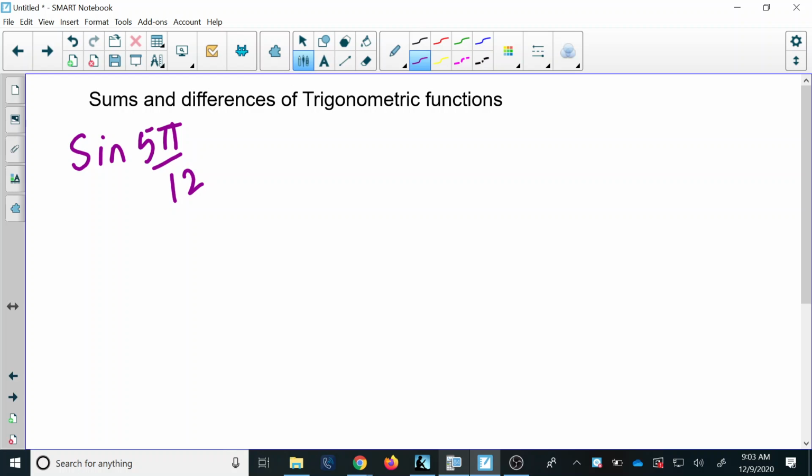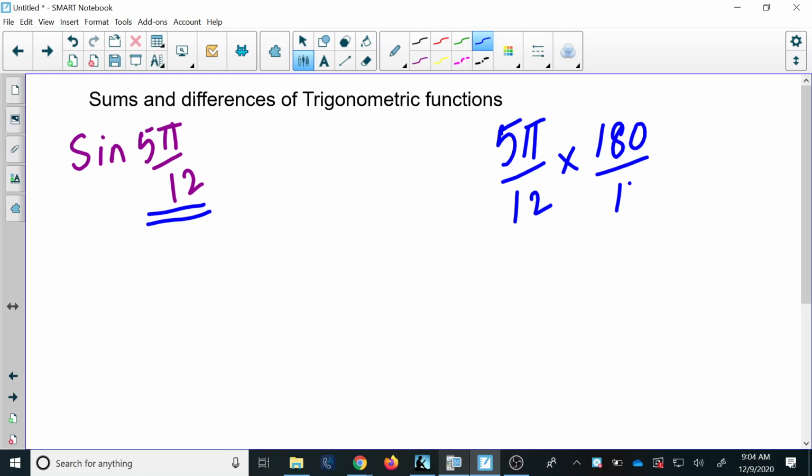Now, in order to do this question, it's better to convert the radian value into a degree value, which will be easier to work with. If you're given a question with a degree value, then the question becomes easier. Now, how do I change this? This is my radian value, 5 pi over 12, and you're going to multiply by 180 over pi. Remember, 180 over pi.